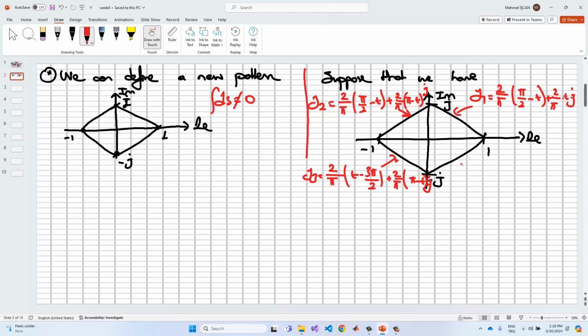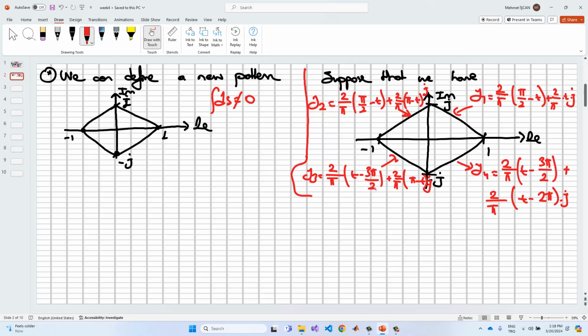Okay, and so y4 is equal to the another term, 2 divided by pi and t minus 3 pi divided by 2 plus 2 divided by pi t minus 2 pi dot j. Okay, and so in order to create this pattern, we must use the 4 distinct functions in order to do that.